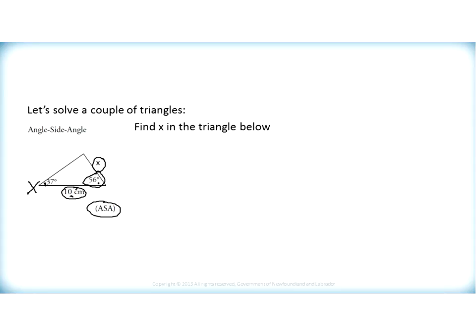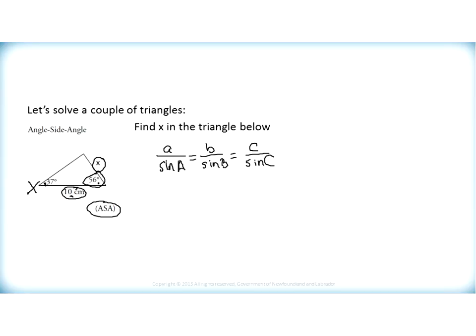Now, in my sine law, I have A over sine A, capital A, is equal to B over sine capital B, which is equal to C over sine capital C.